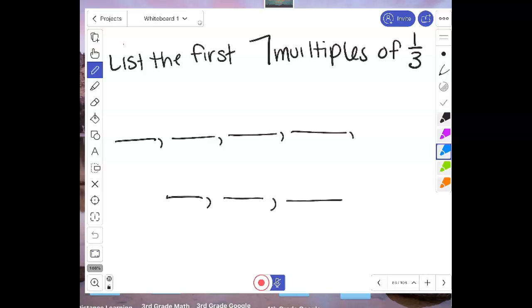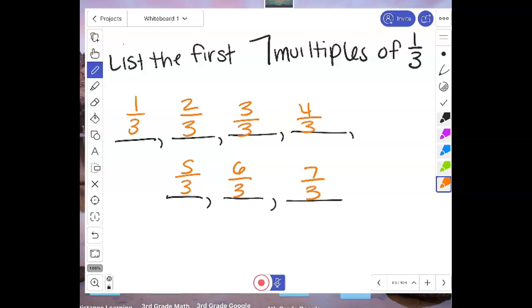So now I'm being asked to list the first 7 multiples of a third. So I'm just starting the list. 1/3, 2/3, 3/3, 4/3, 5/3, 6/3, 7/3. I also notice that this is basically 7 times 1, right? Should be my last one.